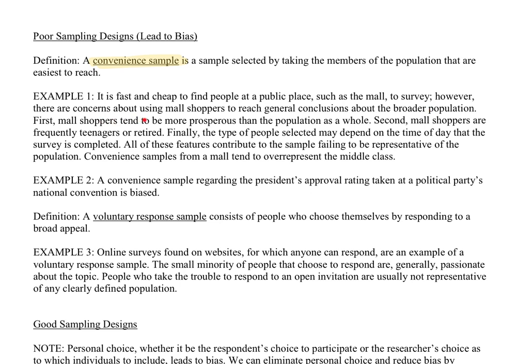However, there are concerns about using mall shoppers to reach general conclusions about the broader population. First, mall shoppers tend to be more prosperous than the population as a whole. Second, mall shoppers are frequently teenagers or retired. Finally, the type of people selected may depend on the time of day that the survey is completed. All of these features contribute to the sample failing to be representative of the population. Convenient samples from a mall tend to over represent the middle class.